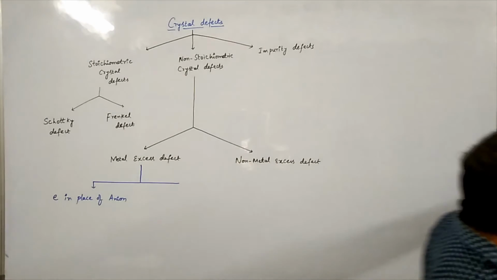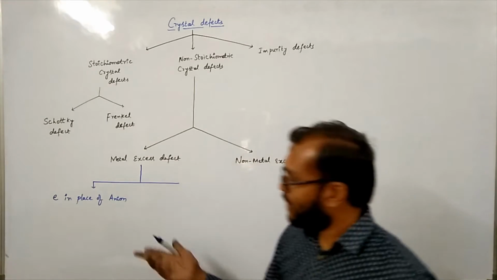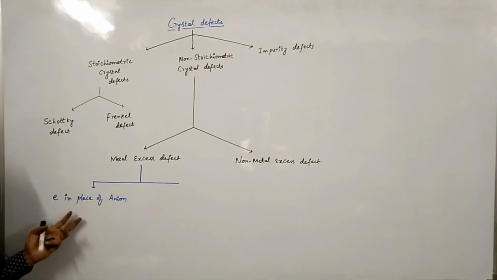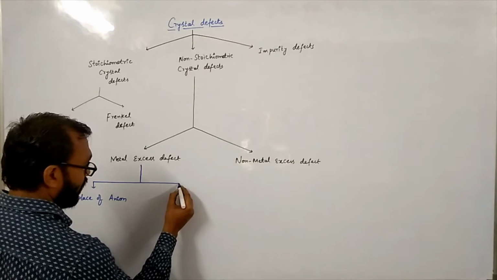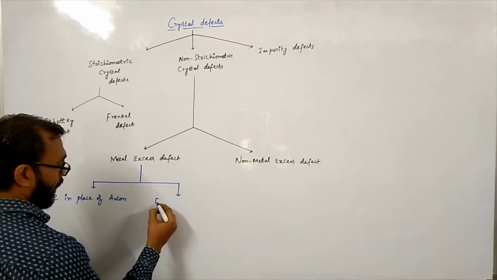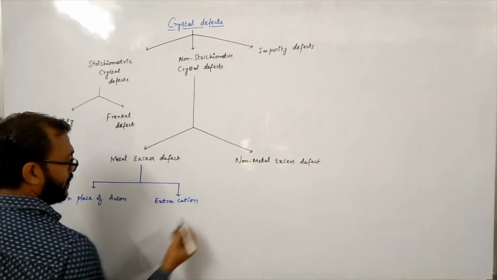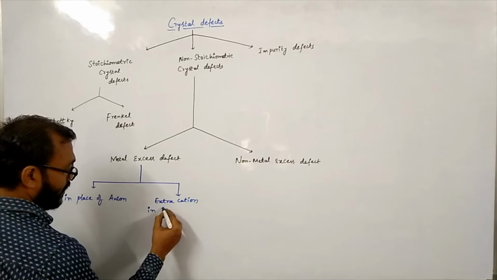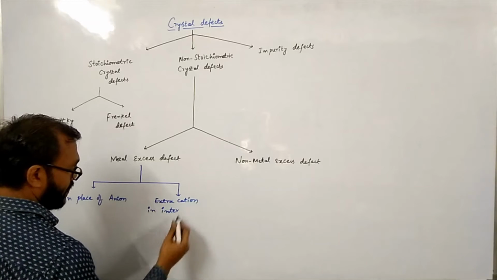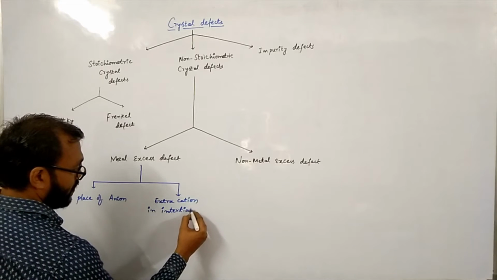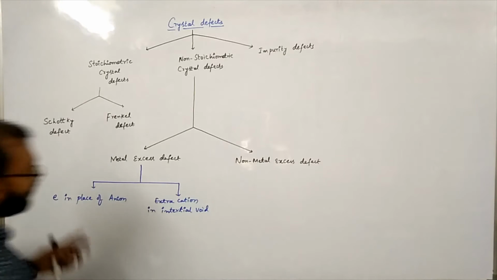The second type is an extra cation in the interstitial space or interstitial void. That is also metal excess.